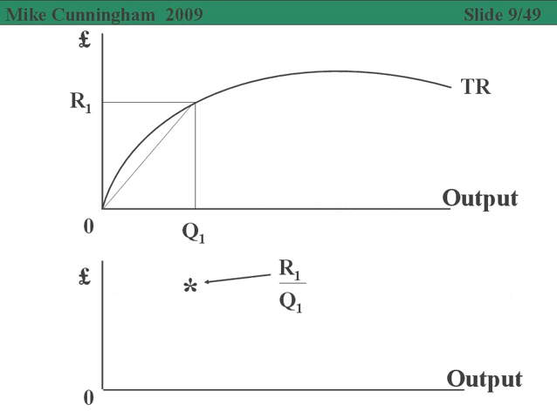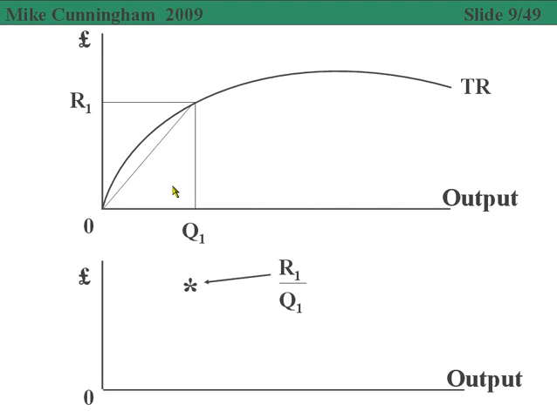So it's R1 divided by Q1. Let's put the cursor back on. Here we go. This ratio, R1 to Q1, is just our average revenue, the total revenue R1 divided by the output Q1. That's how you work out an average. Not very difficult.